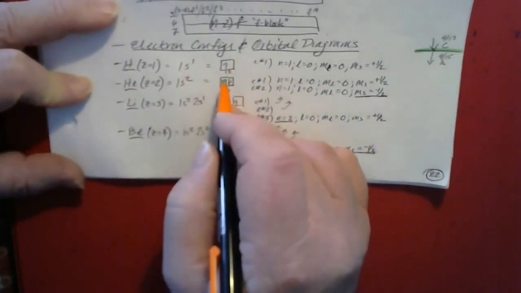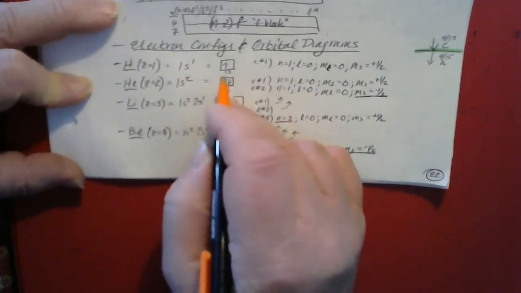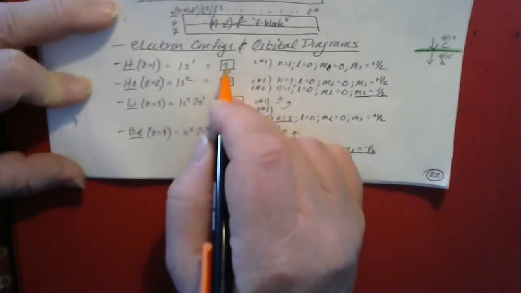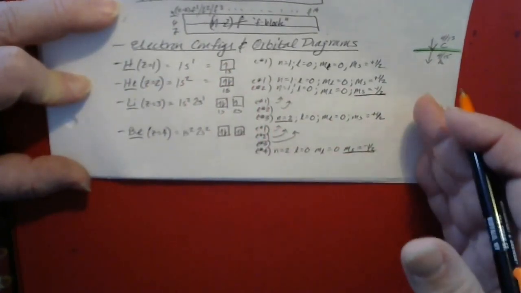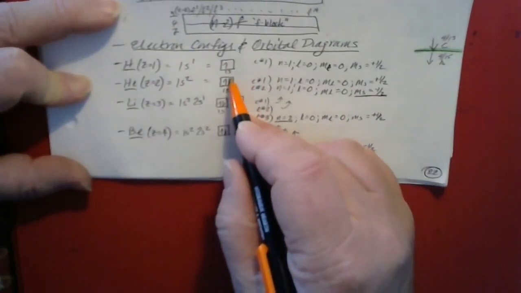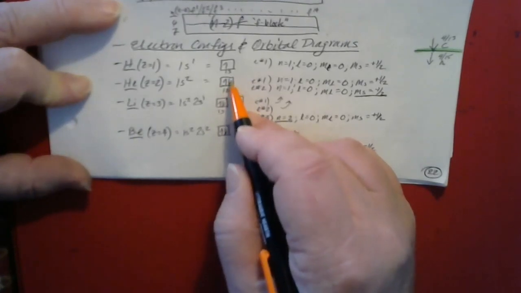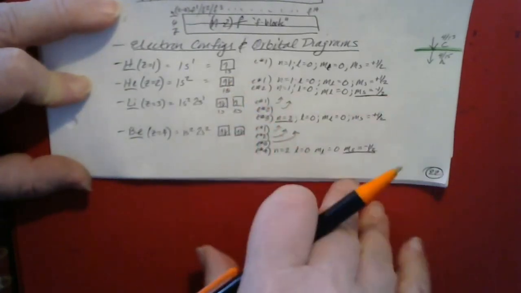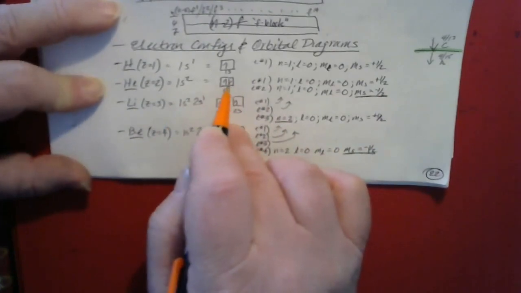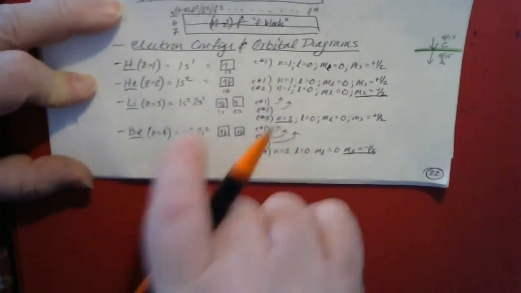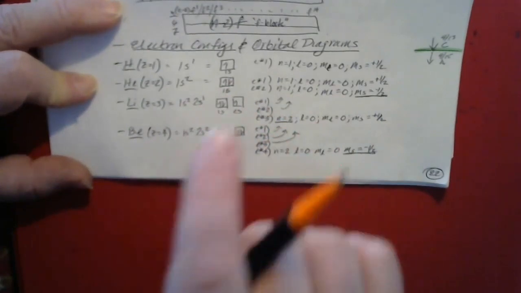And remember, the electrons, when we draw them into orbital diagrams, the arrow with the half head pointing up would be a spin up electron, or it would have a spin quantum number, or m sub s, of +1/2, and the arrow with the half head pointing down would be a spin down electron, or an m sub s value of -1/2. And anytime you have 2 electrons in the same orbital together, they must have opposite spins. Otherwise, they will not go together.